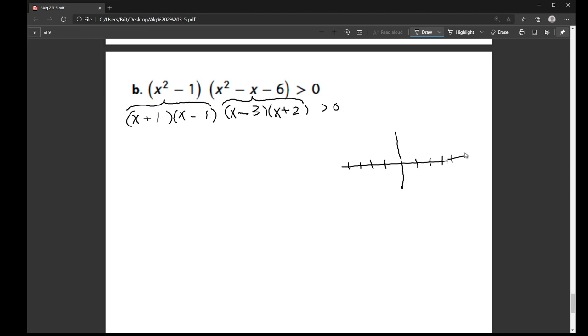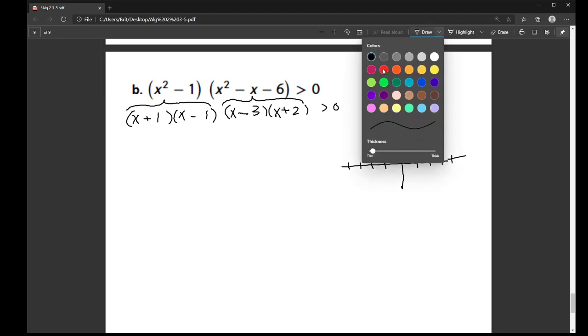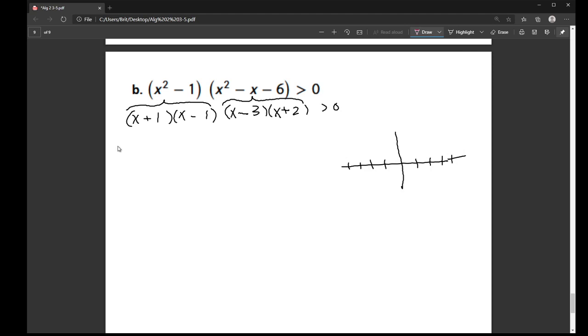So if I go to graph this, which I'm going to sketch out by hand, I have zeros at x equals negative 1 from here, x equals 1 here, x equals 3 here, and x equals negative 2 from here.